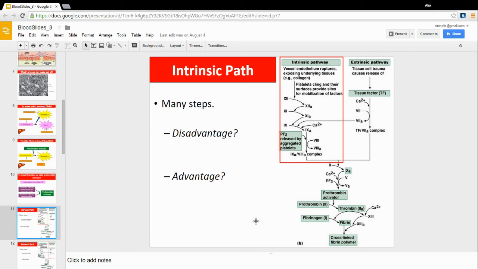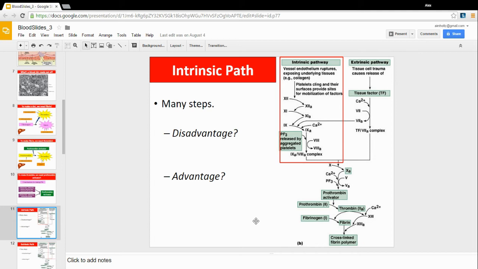I got bad news. First of all, you don't have to know all the steps of this intrinsic path. Sorry. But what we got to know is that there are many steps. And there's a disadvantage and an advantage to many steps. The disadvantage is that with more steps, it requires more time. The advantage is with more steps, you can end up making more.